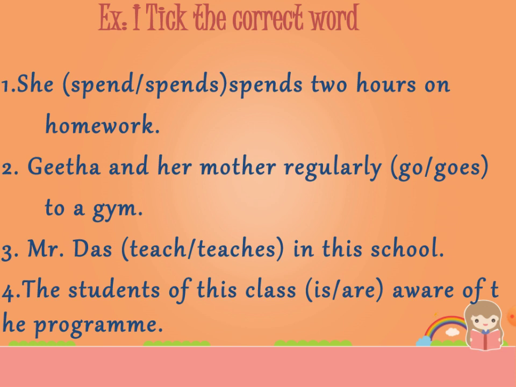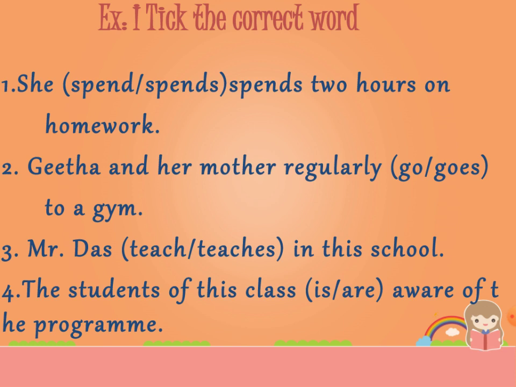Whenever you get a singular subject, you have to add s to the verb. Whenever you get a plural subject, you will remove s from the verb. No es, no s. Okay?